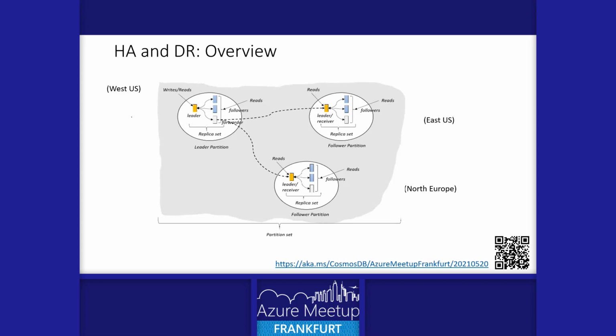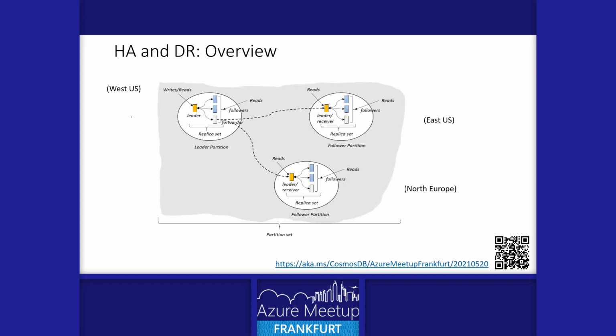What we see in each of those circles is an abstraction of the replica sets that are used to store the data, and then the arrows to the replica sets in other regions, like West US, East US, and North Europe. It's just an artificial set of Azure regions where the data is replicated to. It shows that there are certain roles individual replicas can take. For example, one replica coordinates all the write access.